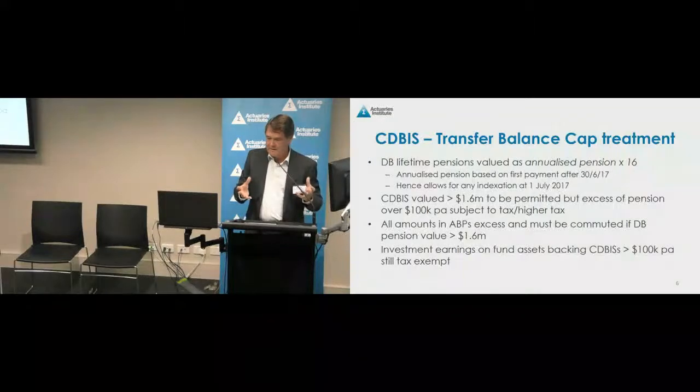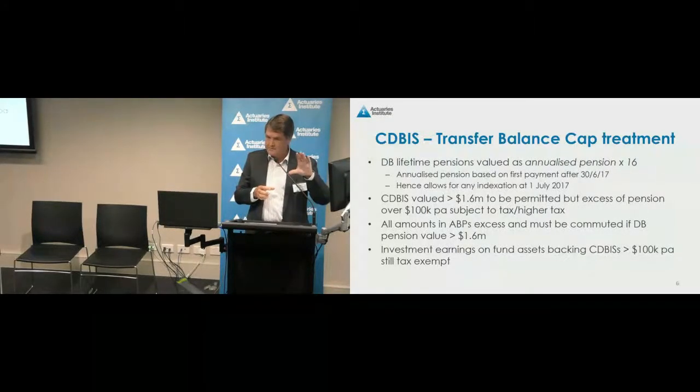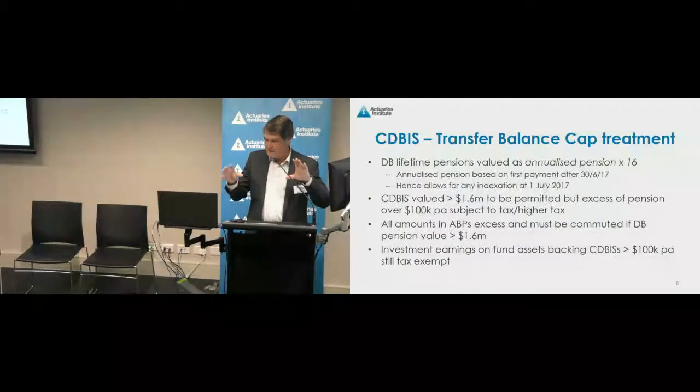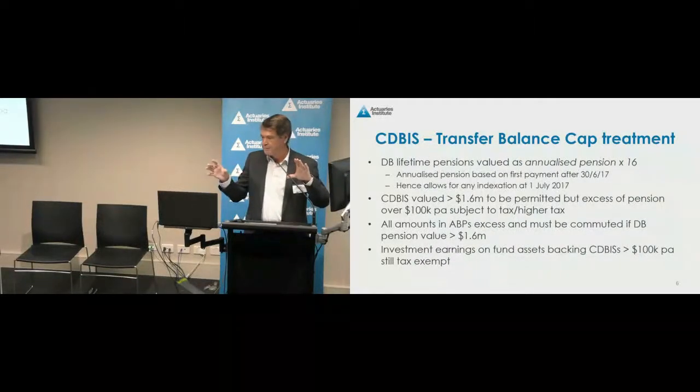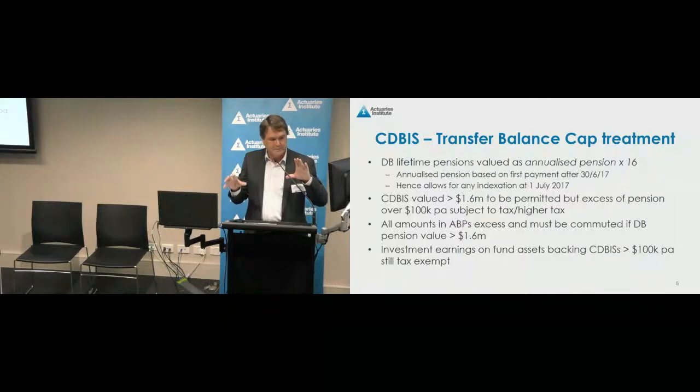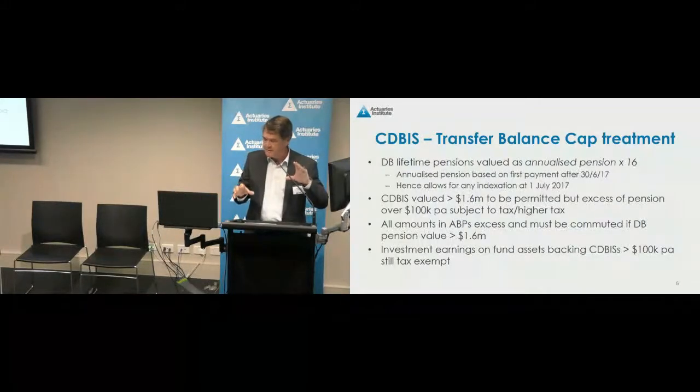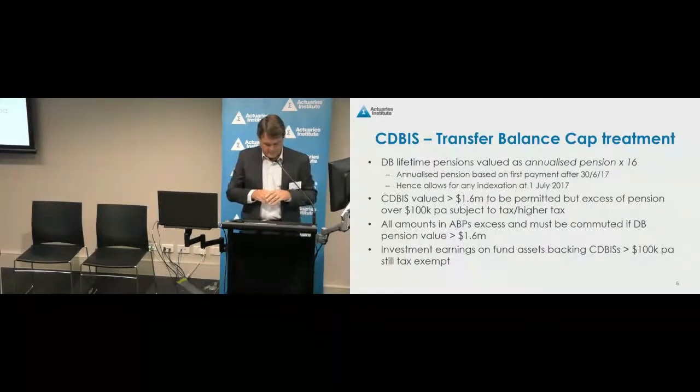The only amount that I can leave in an account-based pension is basically the transfer balance cap, 1.6 million, less the value of my DB income stream. And obviously it can't go negative, so if my DB income stream is worth more than 1.6 million, it's deemed to be 1.6 million because it's capped and protected, but it leaves me no scope for an account-based pension.